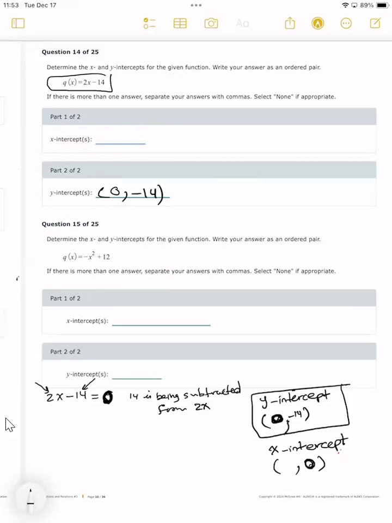Really from 2x. So opposite of subtraction, if you go to your PEMDAS again, parentheses, exponent, multiplication, division, addition, subtraction. Have this in front of you and say, what is opposite of subtraction? Addition.